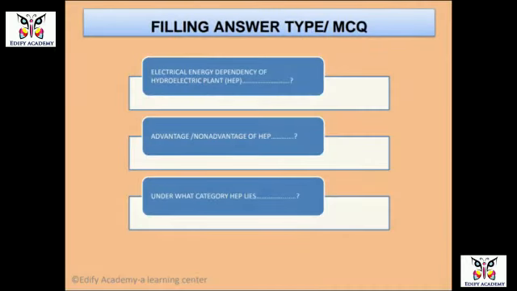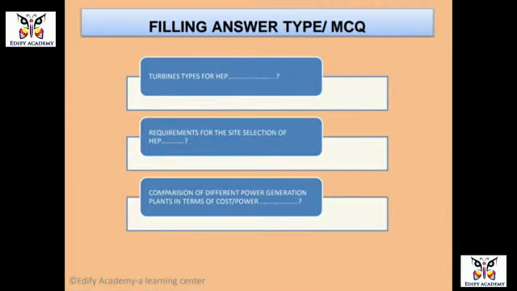Some questions also arise as MCQ or fill in the blanks type questions, like the electrical energy dependency of the hydropower plant, in short also called HEP. What are the advantages and disadvantages of HEP? Under what category does HEP lie? As I already discussed, it comes under renewable energy sources. Next, what are the different types of turbines used in HEP?